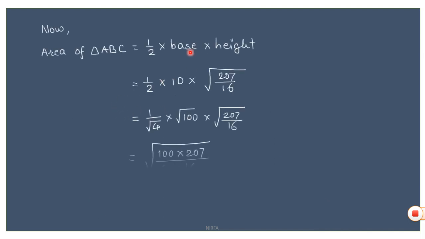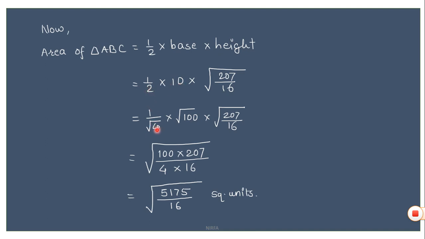Now I can use the formula of area, 1/2 base into height. Base is 10, height we have already calculated. Now see, to make the calculations simple, I'm putting these two numbers in terms of root.